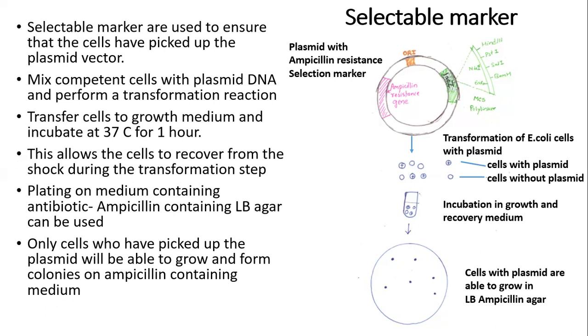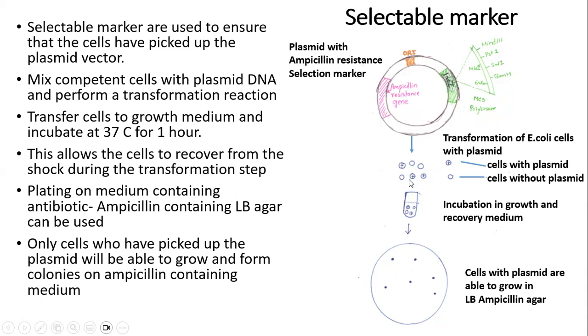And after that, the next step is plating on a nutrient medium containing a suitable antibiotic. So in this case, the selection marker for the plasmid is ampicillin. So your medium must contain ampicillin.